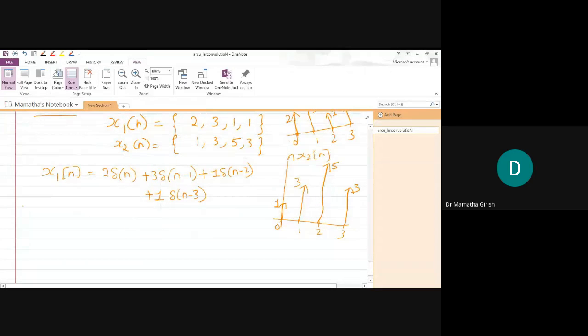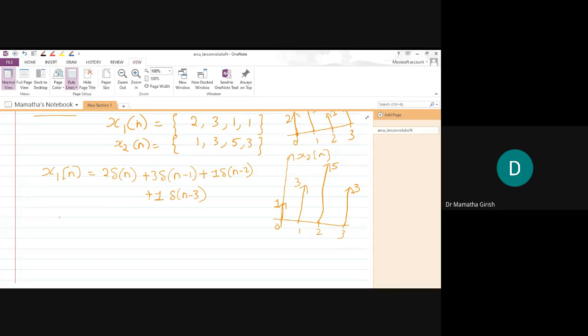Now, how do I translate x1 of n to x1 of k? You may ask, madam, since I'm doing the circular convolution in the time domain, why am I shifting from the time domain to the frequency domain?